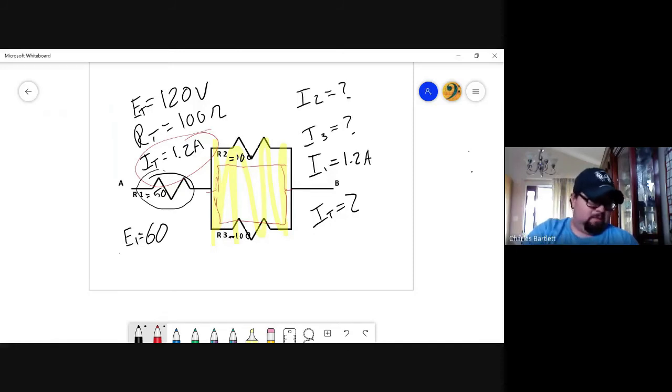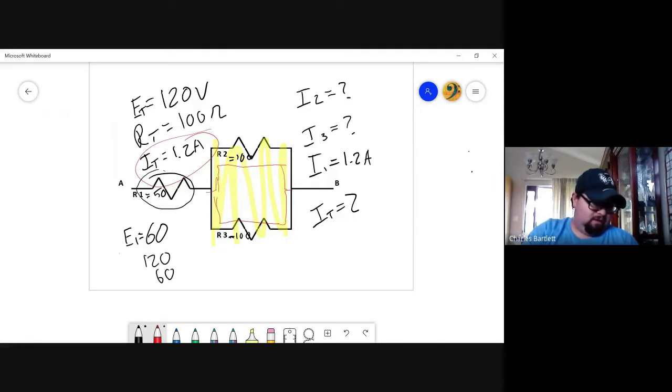And then it's really simple, and it really should have made sense to you guys by now, the numbers. All you have to do to figure out what the voltage is going across R1 and R2 is to subtract. The voltage stays the same, and we drop 60 volts. We have 120 volts total.